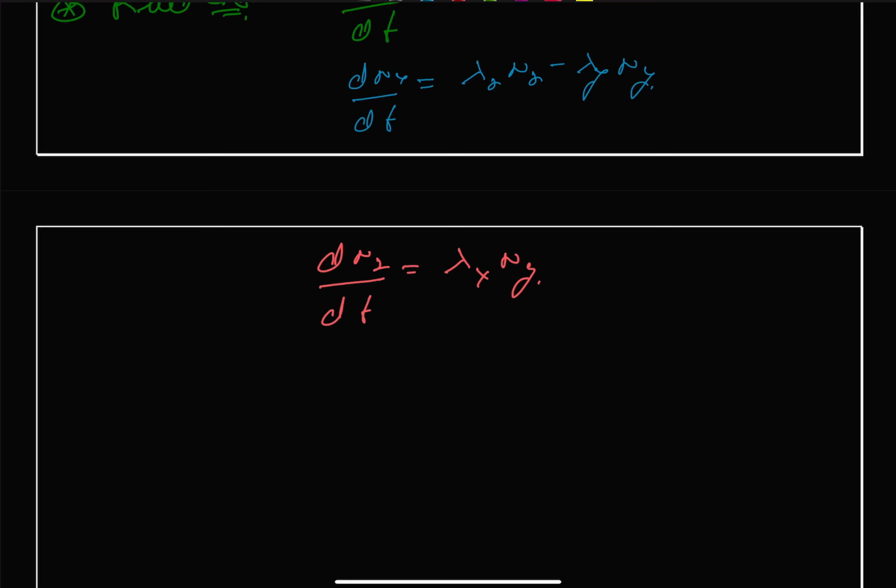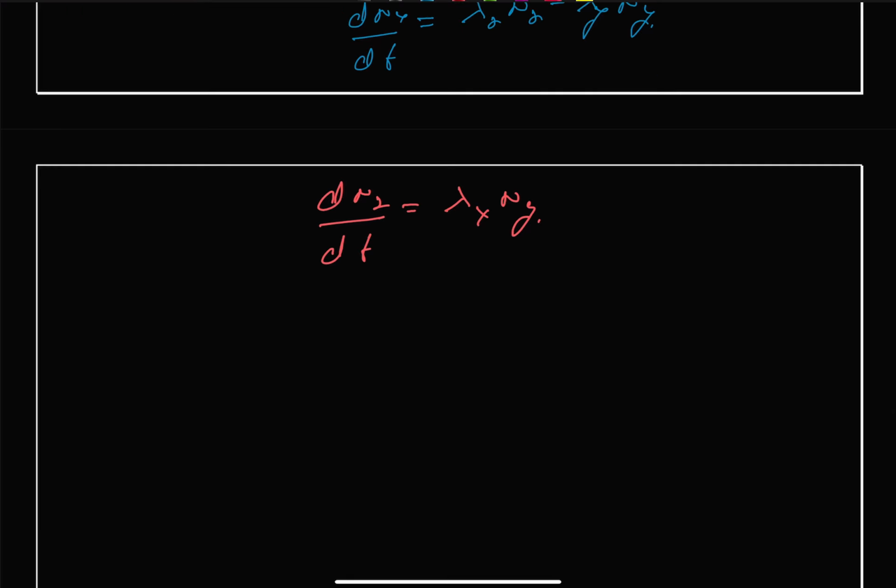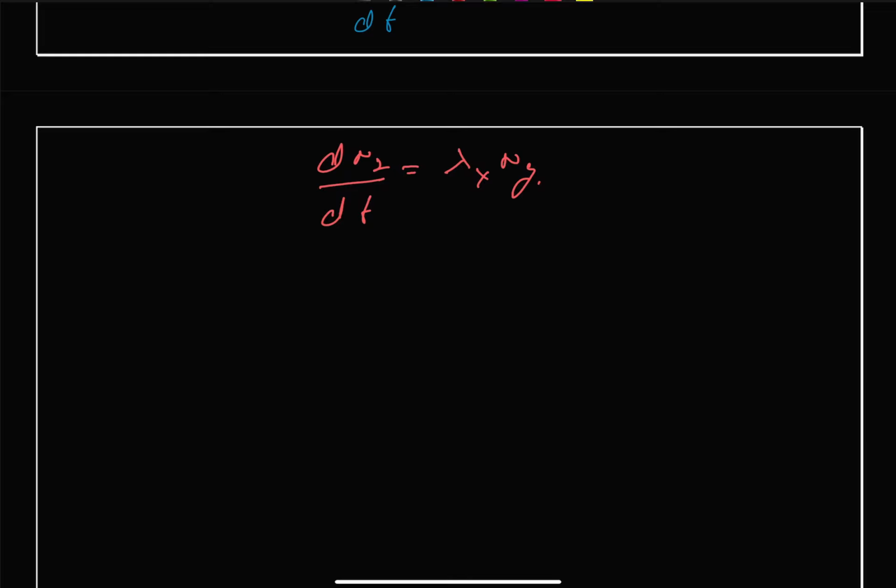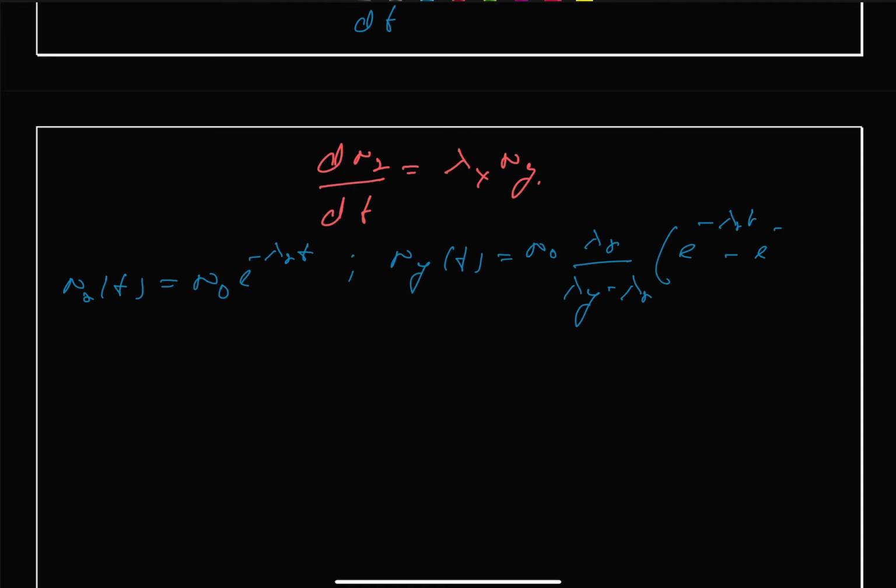And we can also write the solutions. So we can write n of x with respect to time t giving us a solution of n naught e raised to power minus lambda x t, and similarly we have n of y at t giving us the equation given to us, that is n naught lambda x over lambda y minus lambda x, times e raised to power minus lambda x t minus e raised to power minus lambda y t, and we are left with now z.